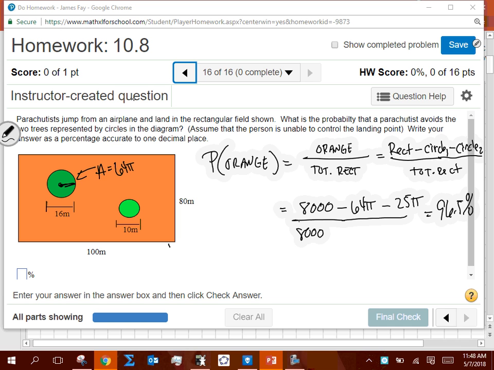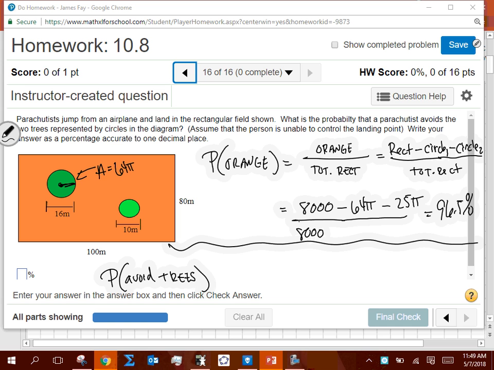Okay, another way of doing it is, let's say, the probability that I avoid the trees. Would that equal 1 minus the probability of hitting a tree? Does that make sense?